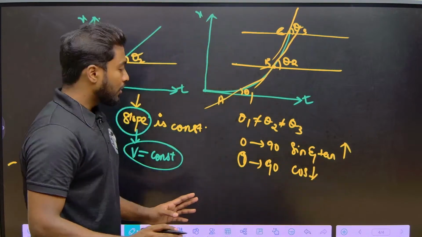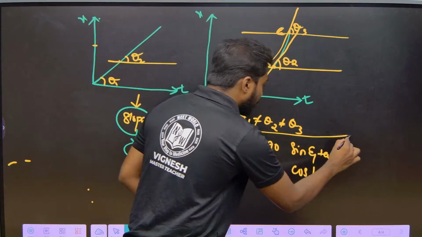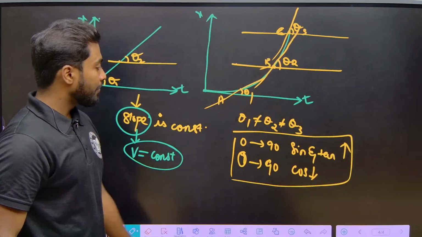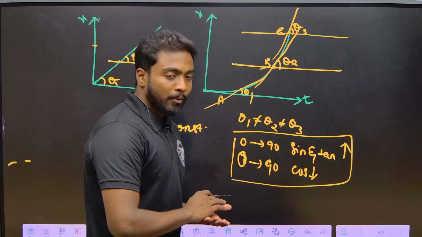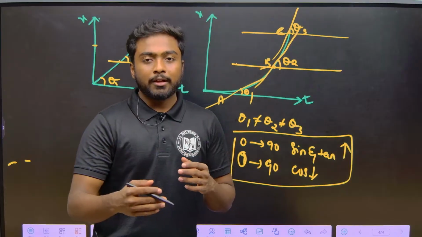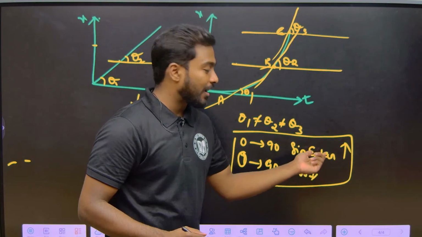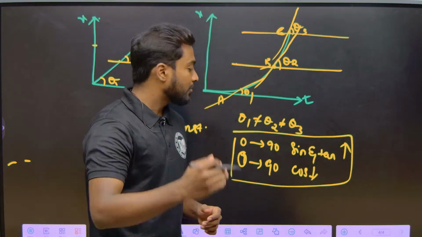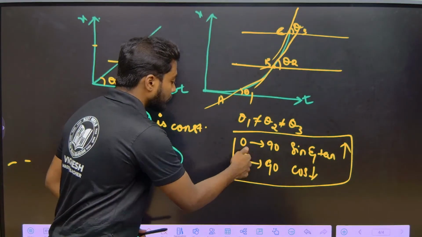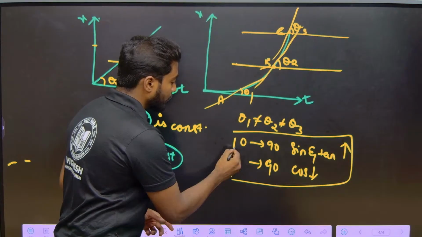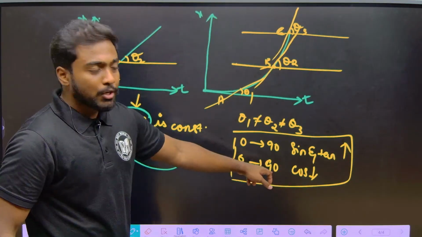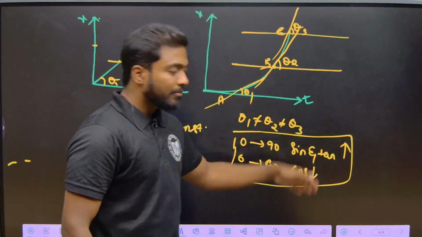Keep this in mind, it will be useful in both physics as well as maths. So from 0 to 90, I am going through angles like 0, 10, 20, 30, 40. From 0 to 90, the sine function and tan function increase. When I talk about the cos function, from 0 to 90 it decreases.